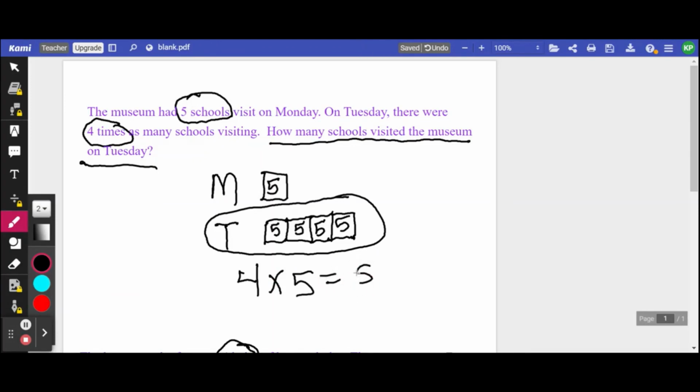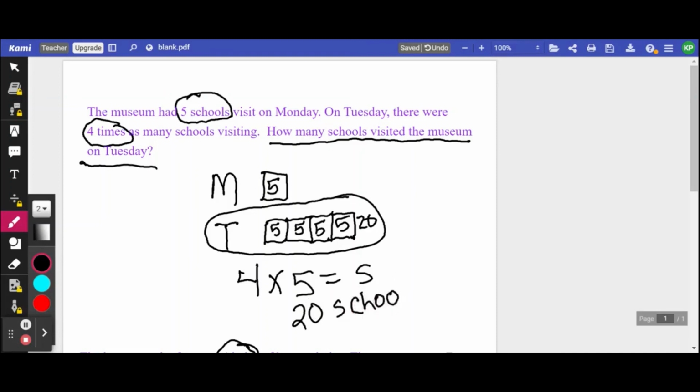So I'm going to use an S, right? You could use any lowercase letter. I just chose an S because it showed me that it was for the number of schools. So whenever I get the answer to that, if I have my multiplication facts memorized, I would know that 4 times 5 is 20, or I could count it out. I'd have 5, 10, 15, 20. I'm going to write the answer right at the end of the model there. So my answer is 20 schools.